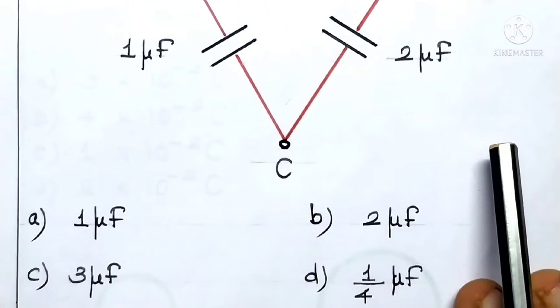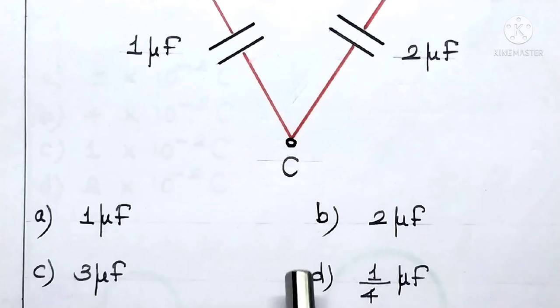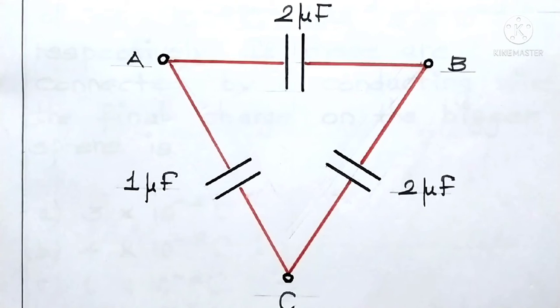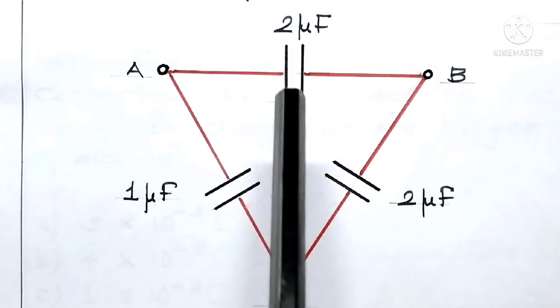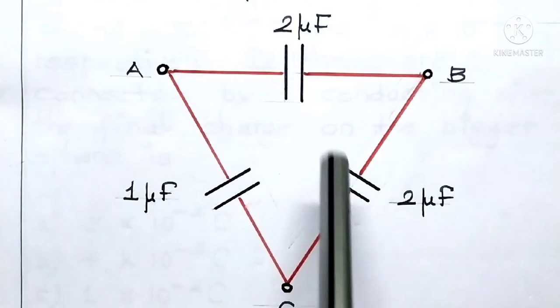Now the options are given as follows. Option A 1 microfarad, option B 2 microfarad, option C 3 microfarad, and option D 1/4 microfarad. As I said earlier, we need to consider these two capacitors in series connection.